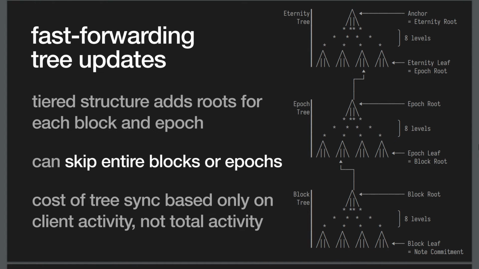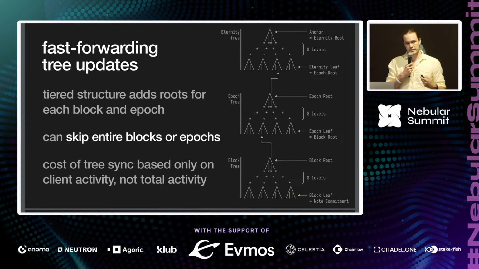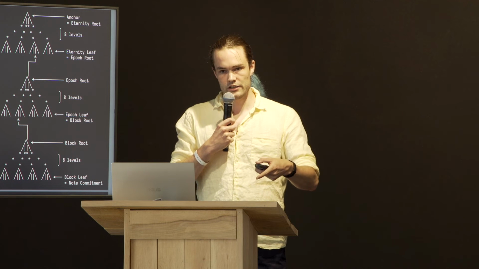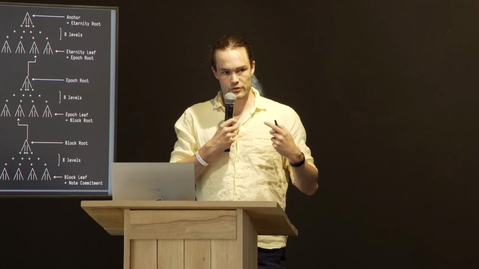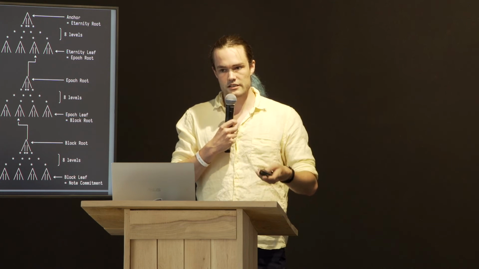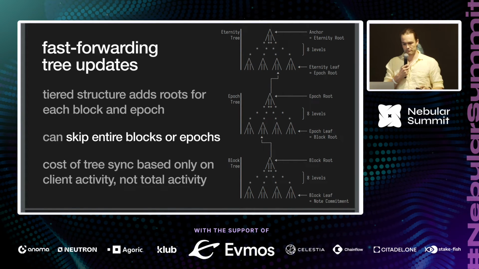And this is really cool because it means that the cost of doing a tree sync is based only on your specific account activity. If you do more, okay, you'll have more stuff to process. But if you're not doing anything, well, you'll only be processing a constant amount of data per time.